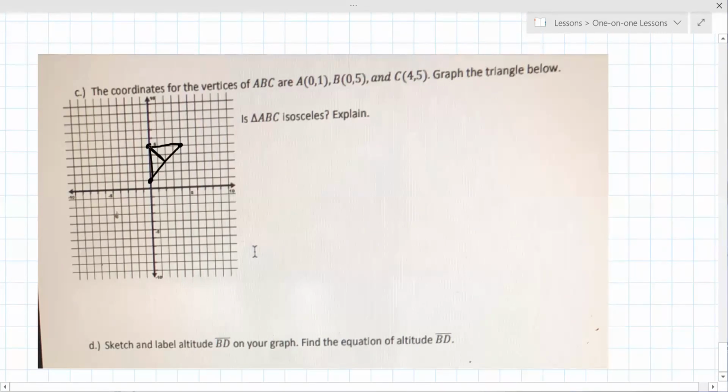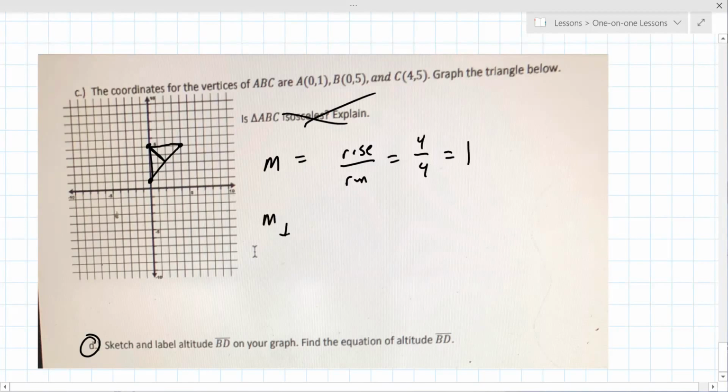I think we worked on this quite a bit last time we met. We're doing part D on this one. So you have to find the slope of this one right here. You could use rise over run. I'd probably use that because you're graphing it here. So you go up 4 over 4, which equals 1.